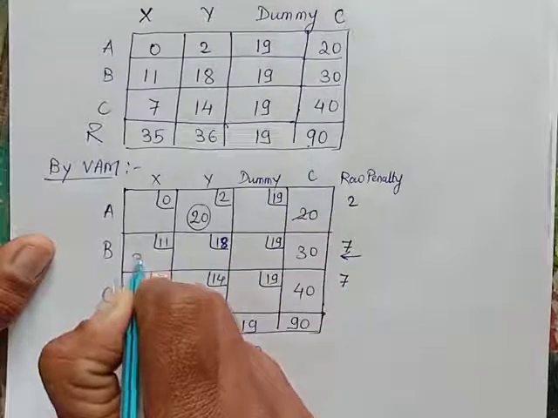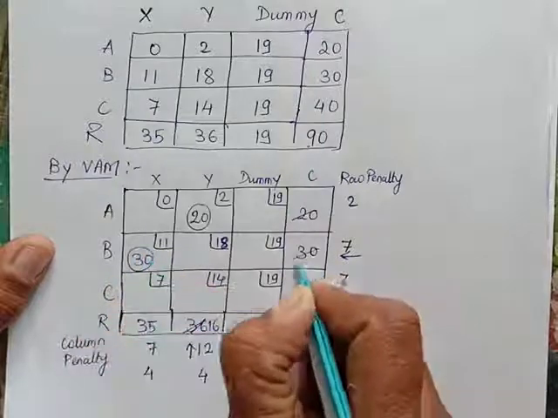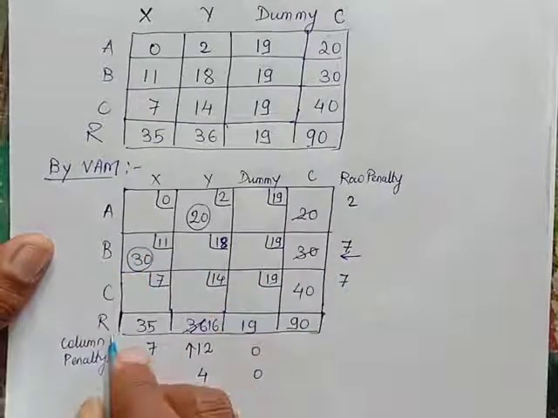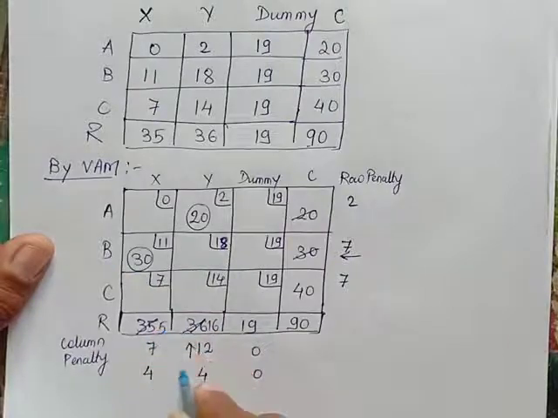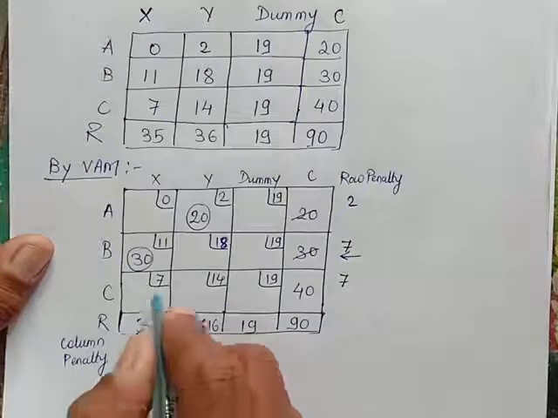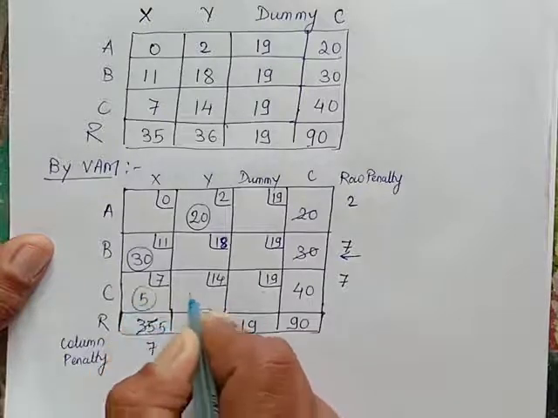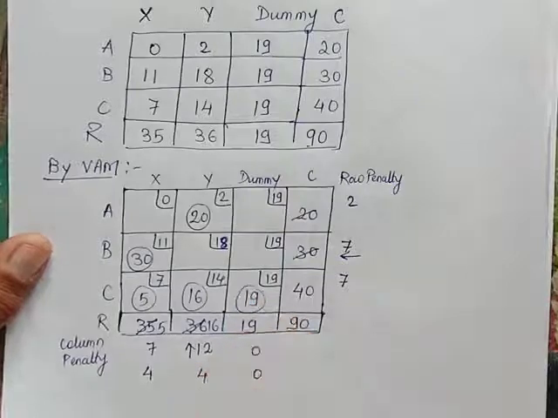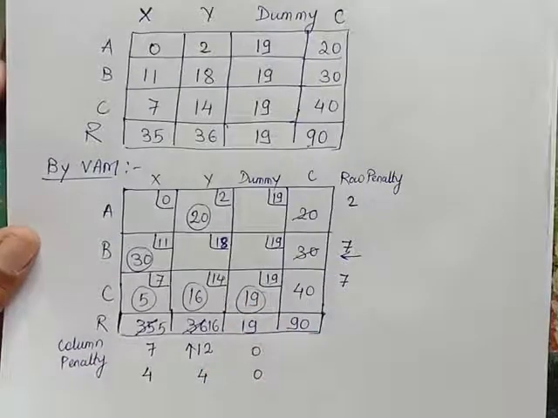So here we get the allocation 30. So this 30 gets cancelled. So the second row is satisfied. Here how much is left? 5. So second row satisfied, first row satisfied. So only these 3 cells are left. So let me put these allocations here: 5, here 16 and here how much? 19. These are our allocations here.